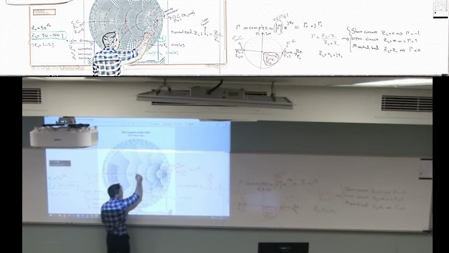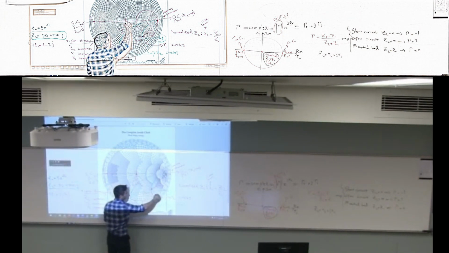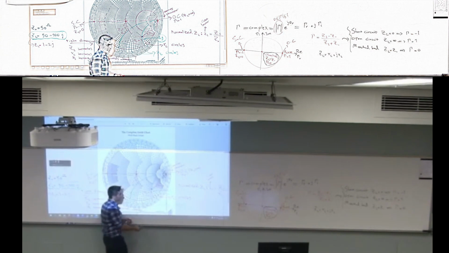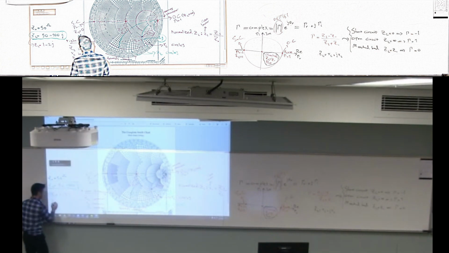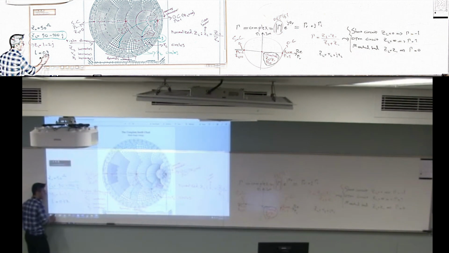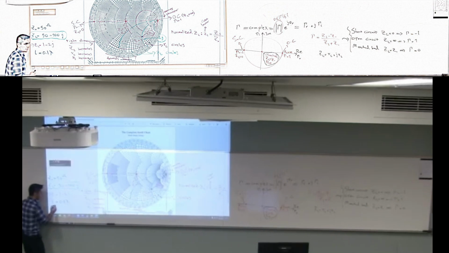Or actually, we can draw a line that takes this to here so that we can clearly read the numbers. Let's say it says the length of the transmission line is 0.1 lambda, and then it asks for Zin.